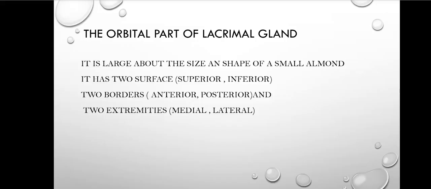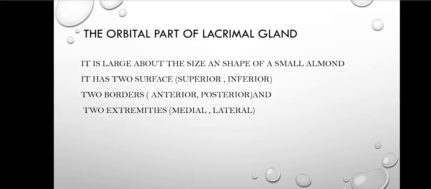The inferior surface of the orbital part is concave and lies on the levator palpebrae superioris muscle and the lateral horn of the levator aponeurosis. The anterior border is sharp and runs within and parallel to the orbital margin up to the zygomaticofrontal suture. It lies in contact with the septum orbitale.